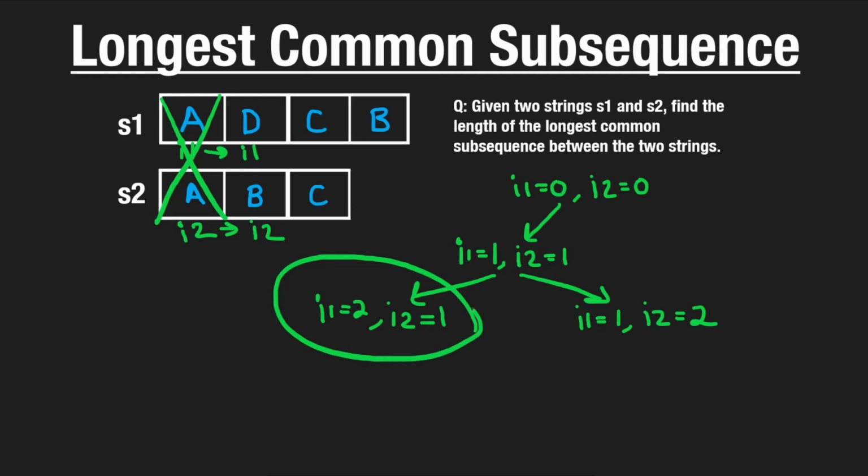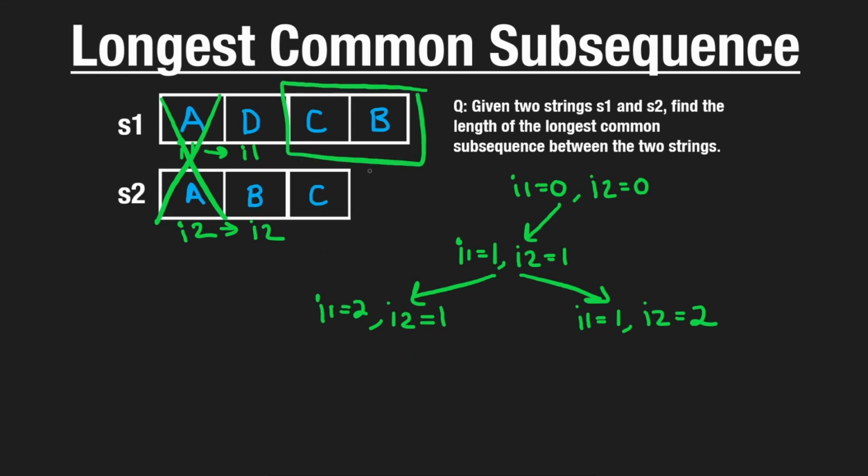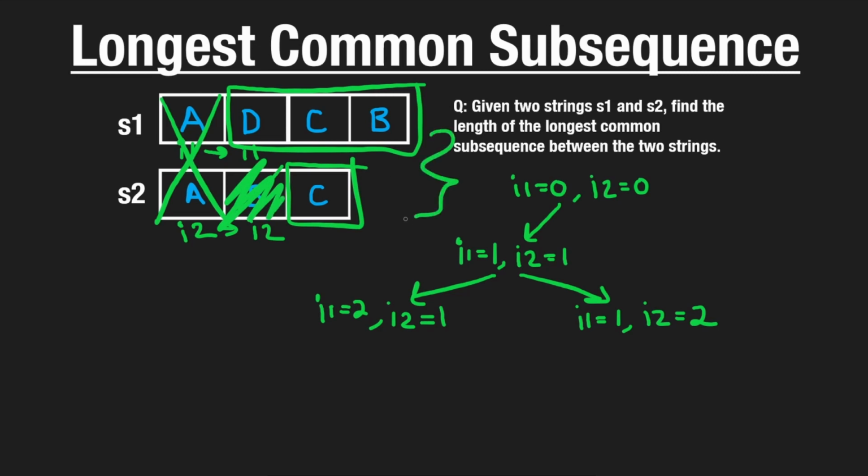This subproblem would be incrementing I1. So we're trying to now find the LCS between these two substrings. We skipped this character over here, but we're trying to find the LCS of the remaining portion of these two. The right branch over here would be where we left I1 where it is, and now we incremented I2, so we skipped this character and we're trying to find the LCS of these two strings.